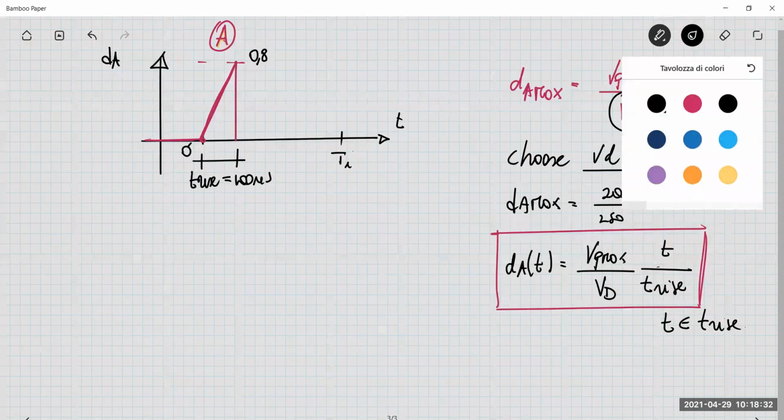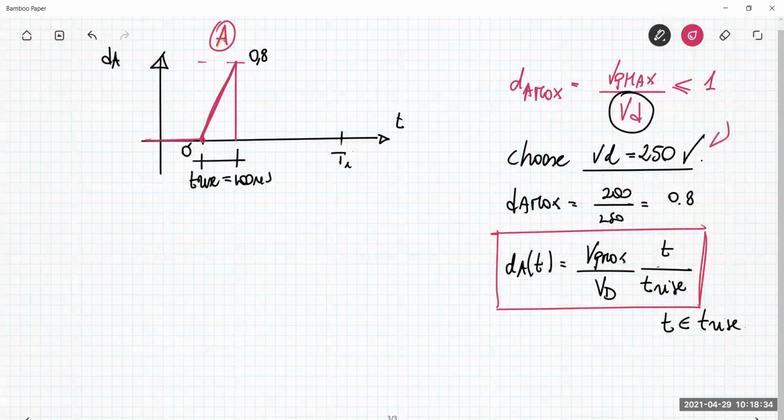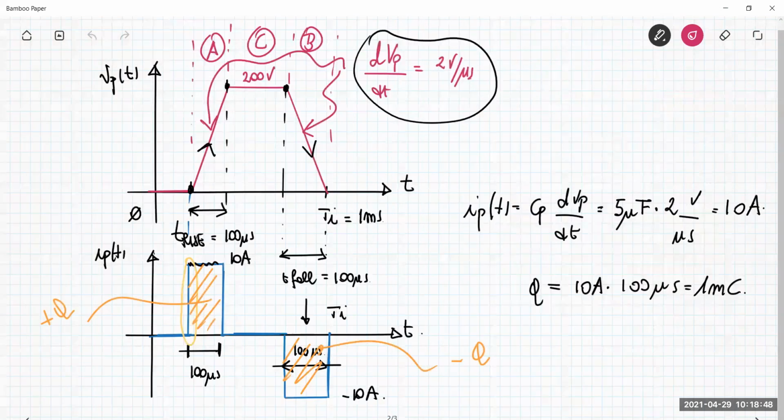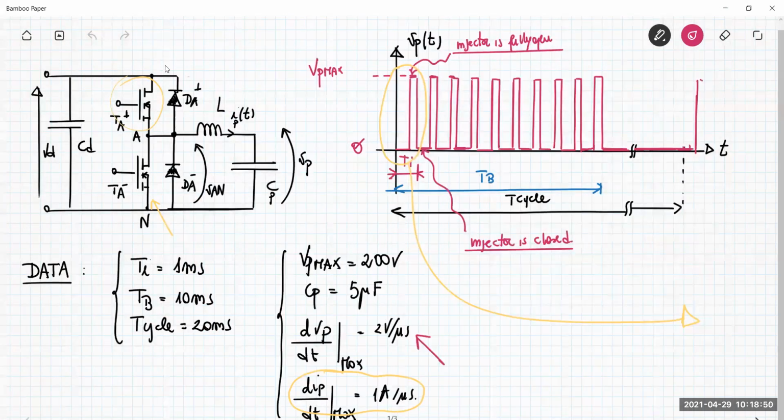When you choose this value here for the voltage, pay attention that the value that you are choosing is suitable to your switching devices. For example, this is your circuit, the half bridge, okay? The voltage VD, for example, we choose to be 250.